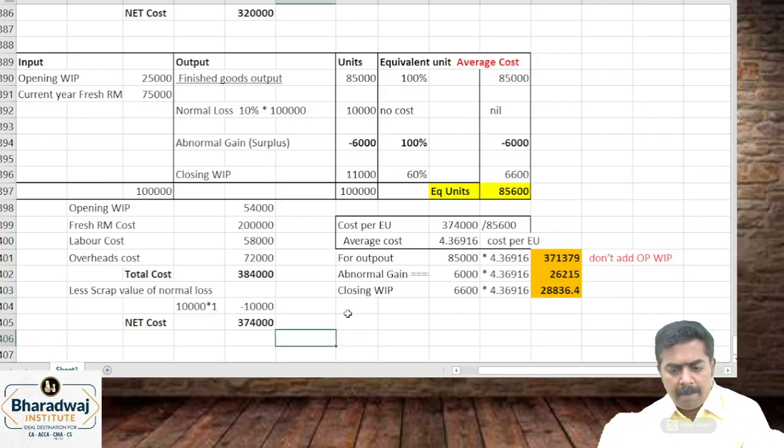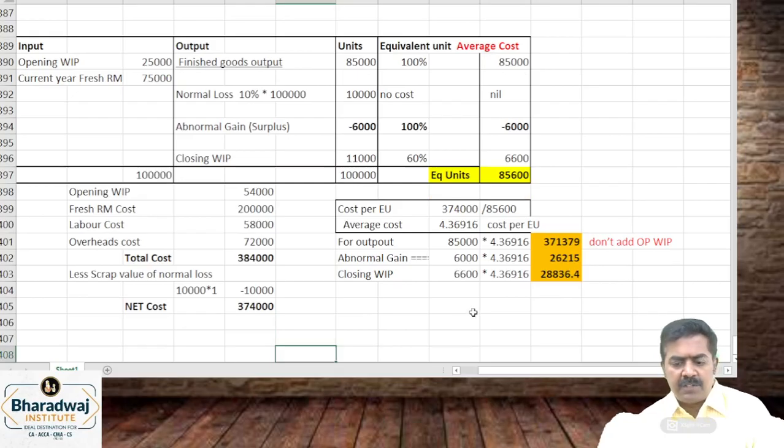Please take up this. This is using which method?